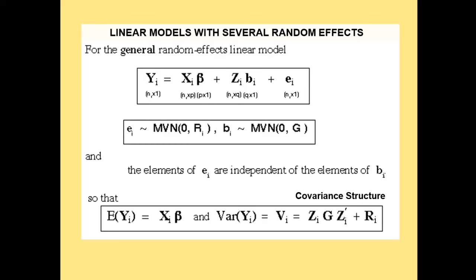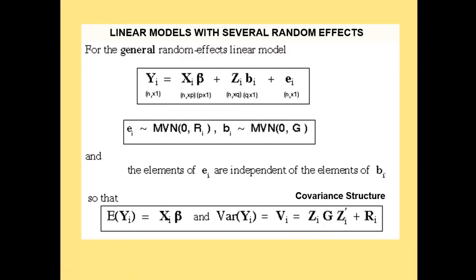When you have a linear model, once you write the code in your program that tells the computer what the R and the G matrices are, then the covariance structure for the outcome is determined using the formula ZGZ' plus R. That's the general formula.